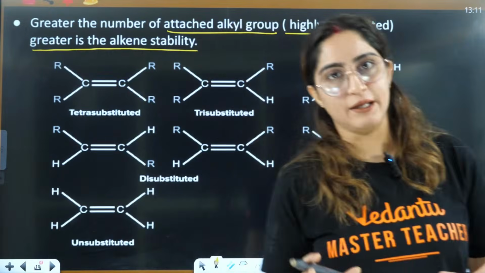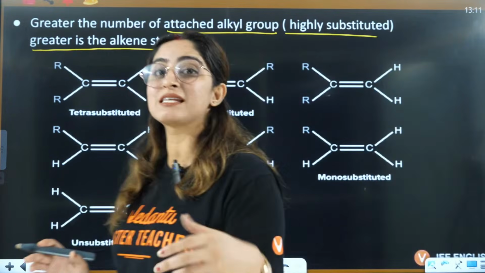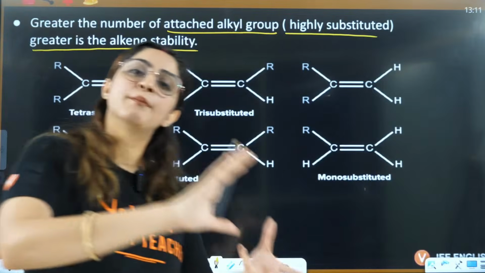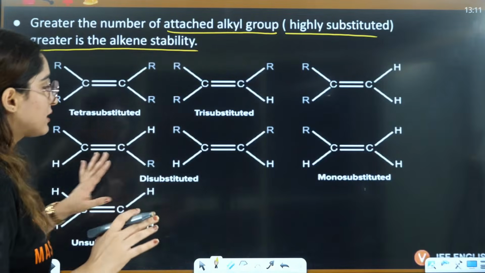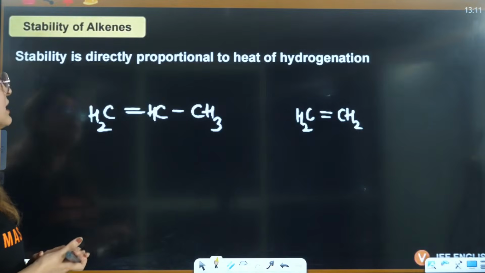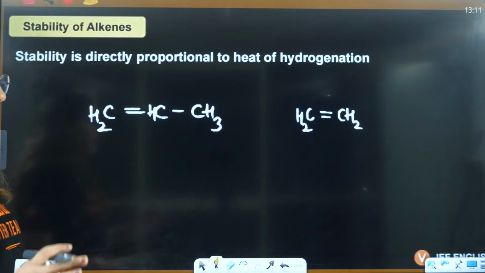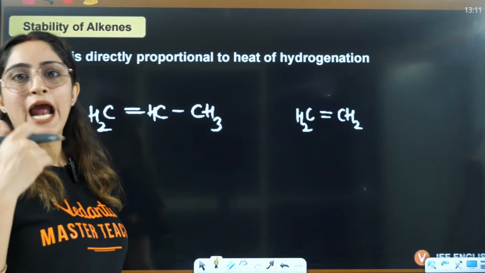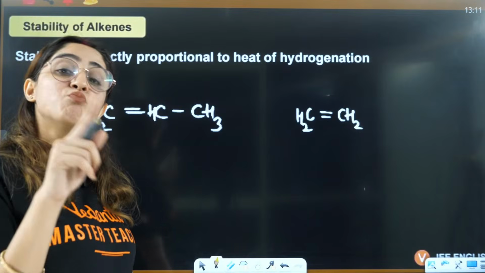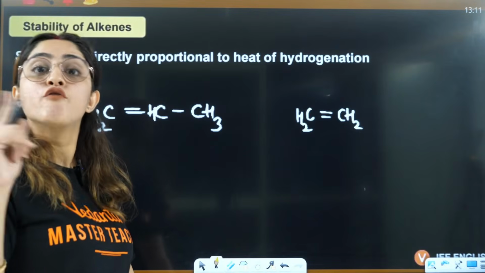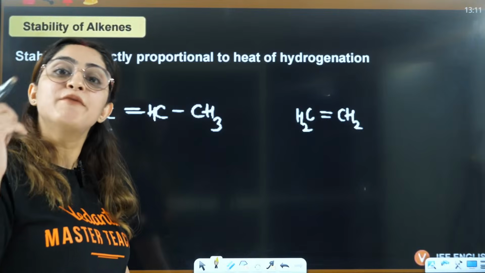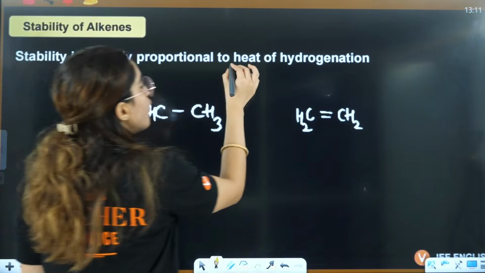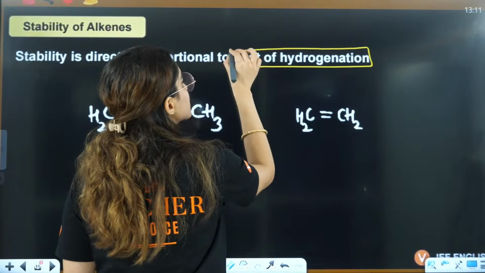Because then we will see which is the major product and which is the minor product, and that's how we are going to tell the major and minor product here. Then the one which has more alpha hydrogens will have more stability, and more stability means more heat of hydrogenation will be there.